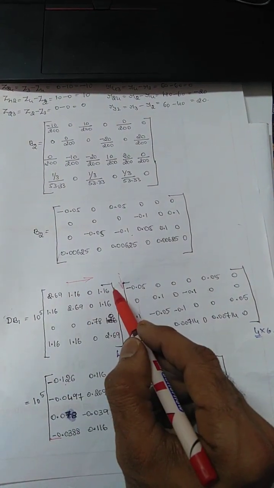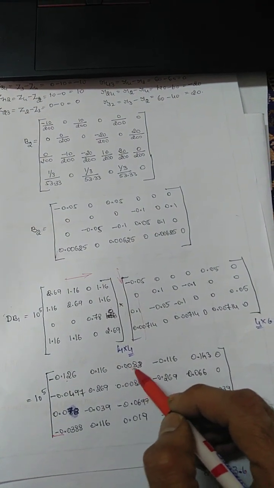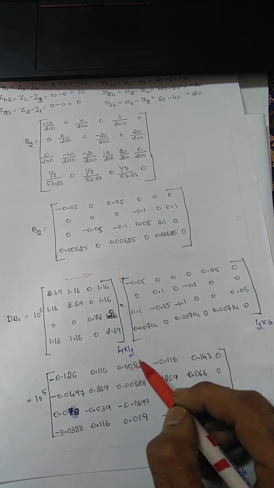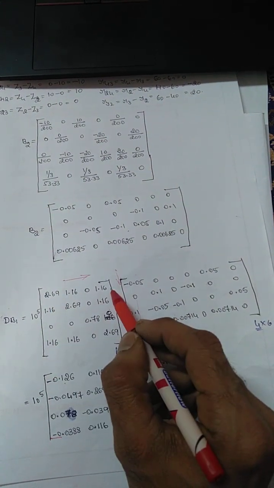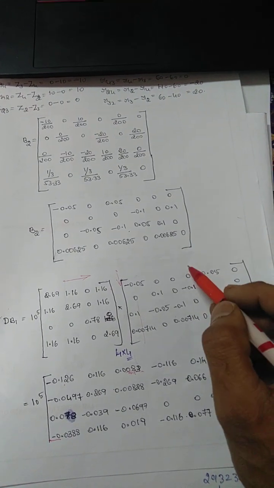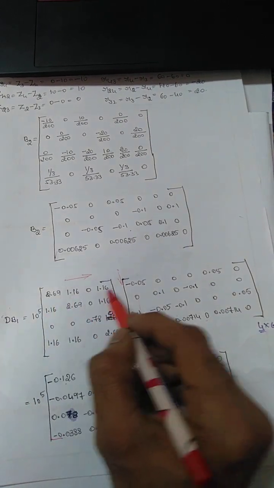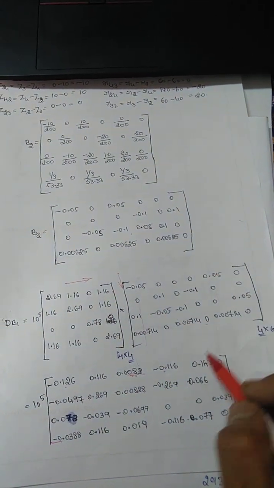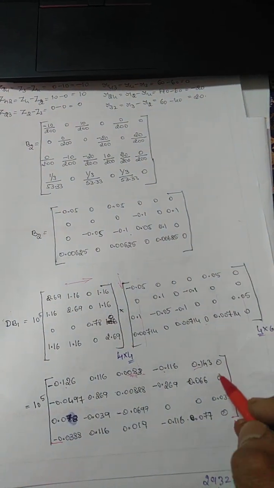First row, third column, fourth column, fifth column, sixth column, you'll get these values.